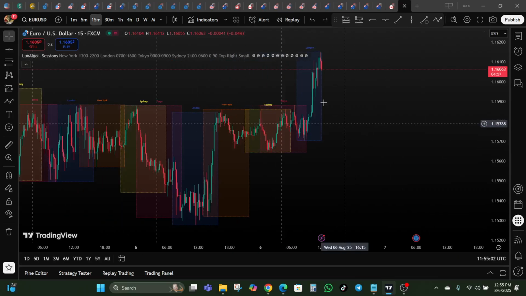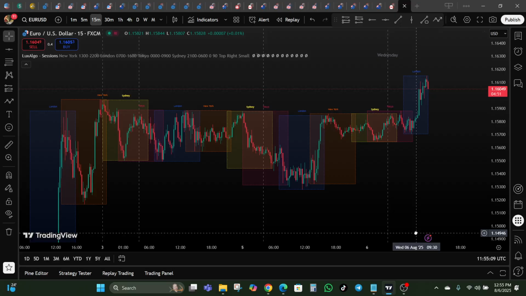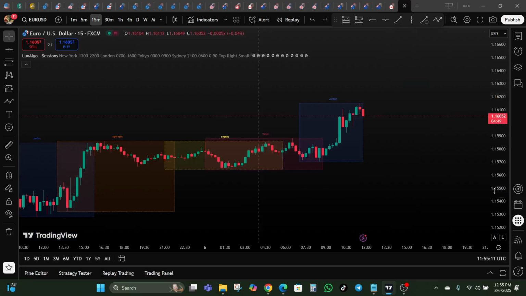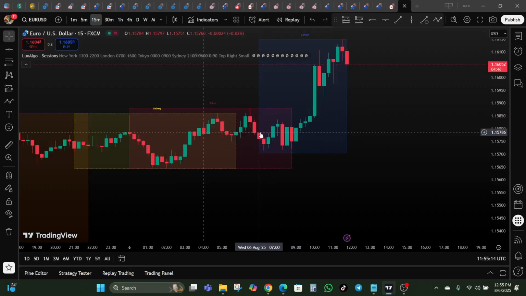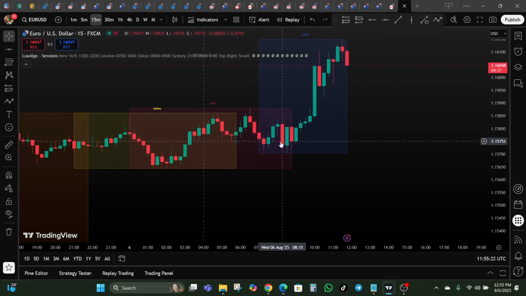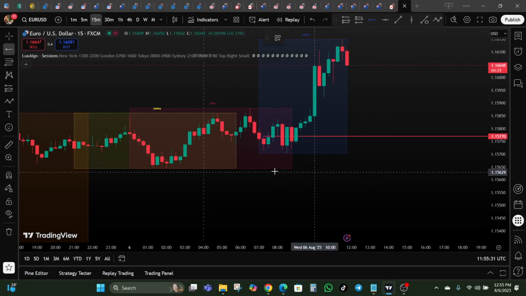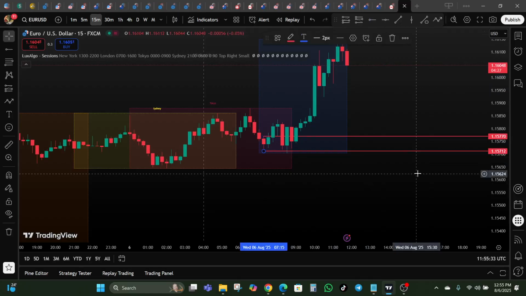The New York for this particular day has not yet opened, so let us work with the London of this particular day. The first 15-minute candle after market open, usually at London, New York open, or any high volume session, but in this case, we're going to be working with the London open.